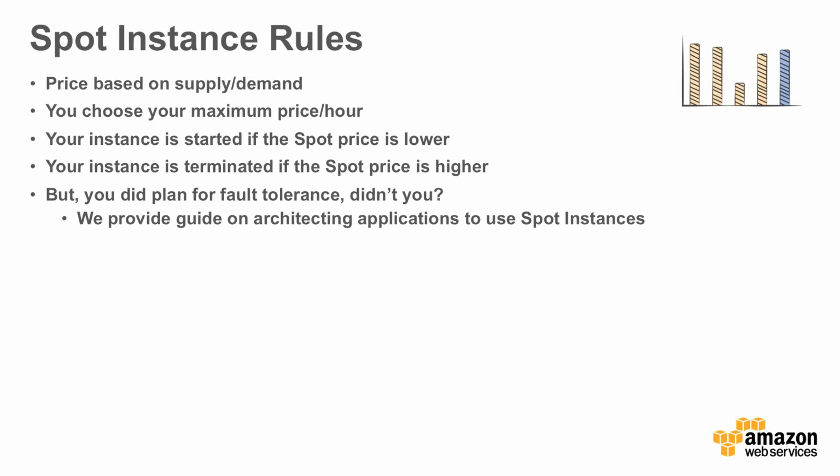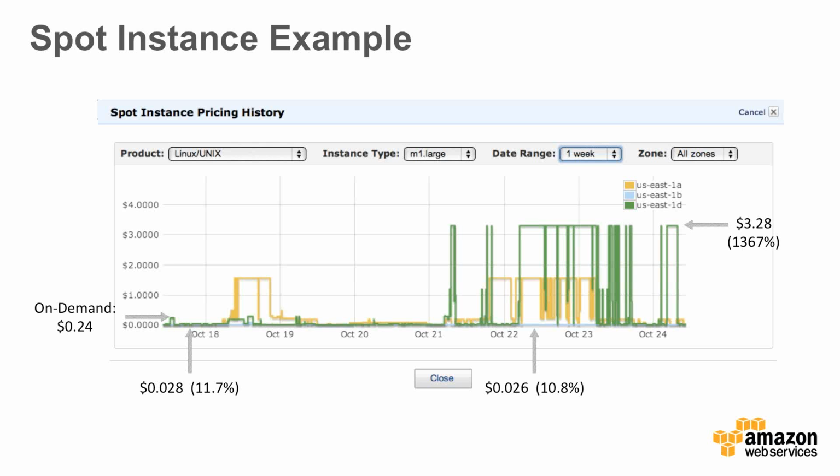Here's an actual example of the spot instance pricing history of the M1 large instance type in the 3 availability zones in the US East region between 18th and 24th of October last year. As you can see from the chart, the spot pricing actually differs significantly at times between all the 3 availability zones, even though they are all within the same AWS region.